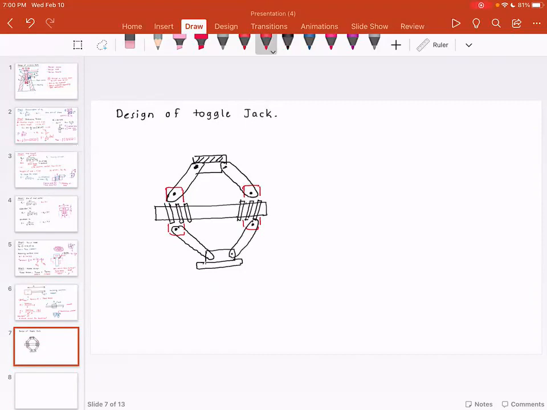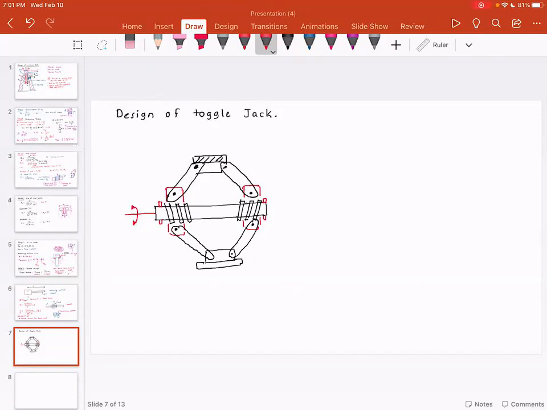If you want to raise or lower, you apply the rotation or torque at the end. And usually there are limit stops here. If you look at your vehicle or car, you will usually have a simple toggle jack that can be used to raise your vehicle in case you want to change the tires.